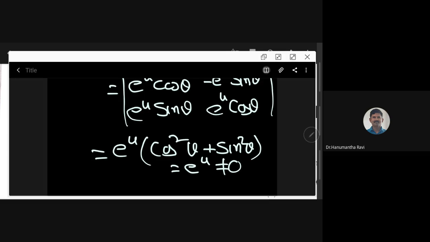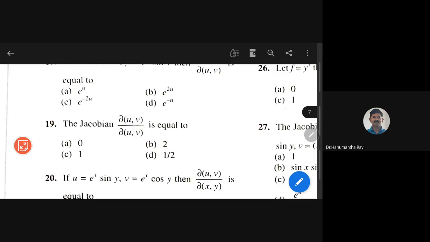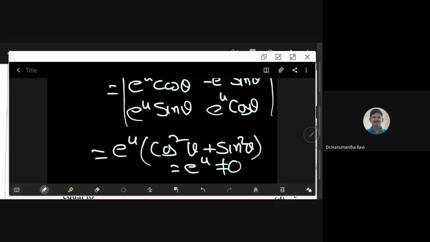So the answer is A. For the 18th question, the answer is A. Now the second one, the Jacobian of dou uv by dou uv. So this is one problem we have completed.